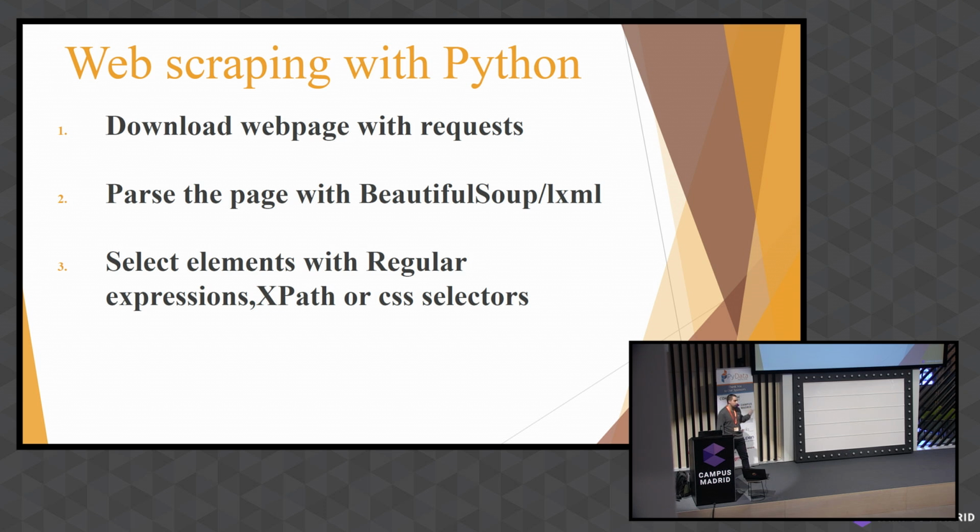We can use Beautiful Soup, for example, or parsers like lxml. And finally, in the third step, select the elements we want to extract. We can use regular expressions or XPath and CSS selectors. These are the three forms to extract data.